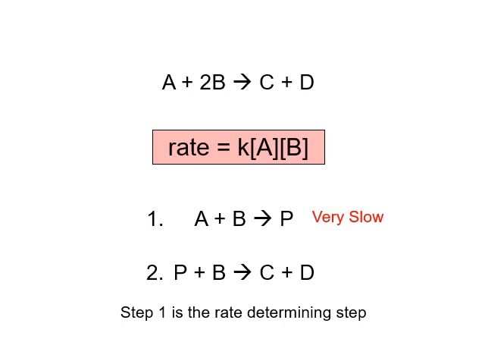So it's that first step that's slowing everything down. As soon as P forms, it very quickly reacts with B to give C plus D. So step 2 is not slowing everything down, it's step 1. And again, in this case, P is an intermediate. It's made and then used up.